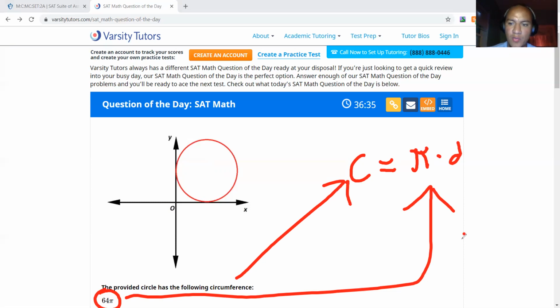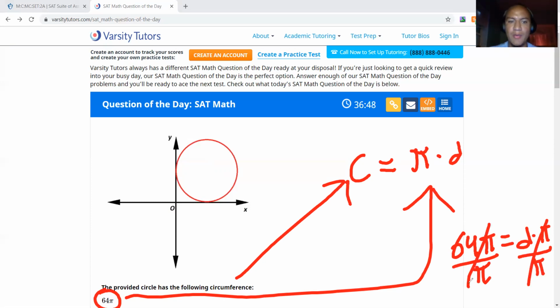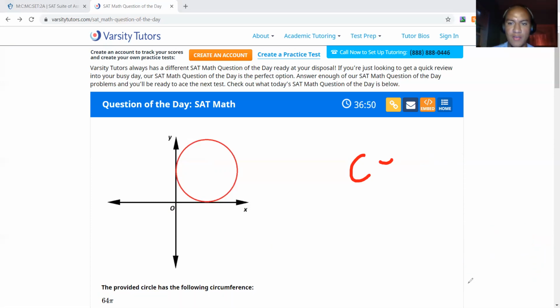So basically it would be saying 64 pi equals diameter times pi, and after dividing by pi, you clearly get 64 equals diameter. So now that we know that the diameter is 64, I could actually write it in blue. This is 64. Let's see what it's asking us about this circle.